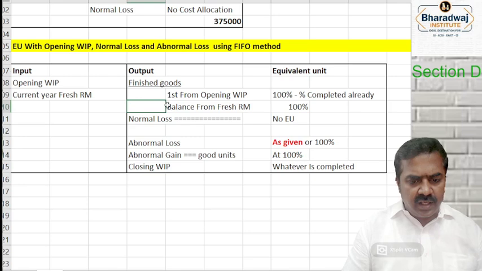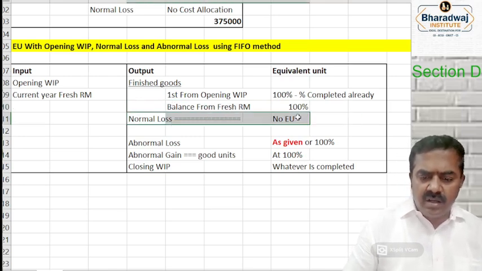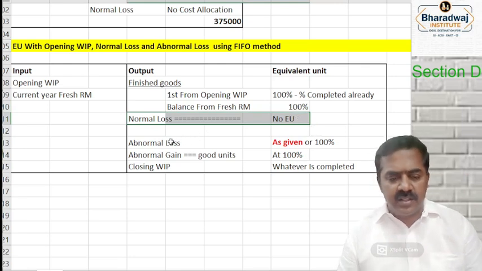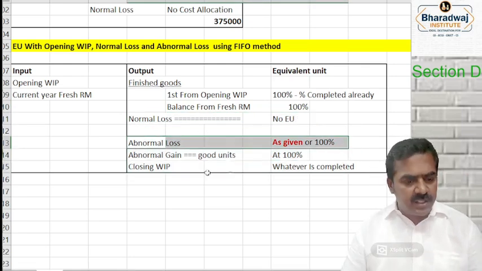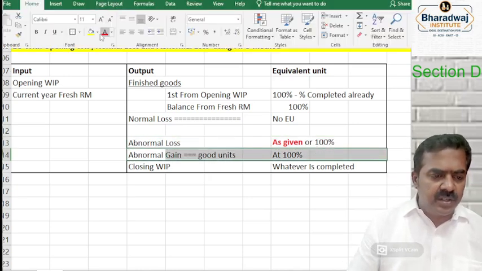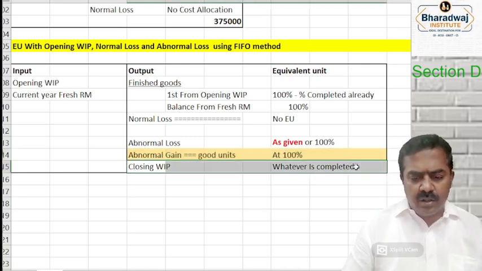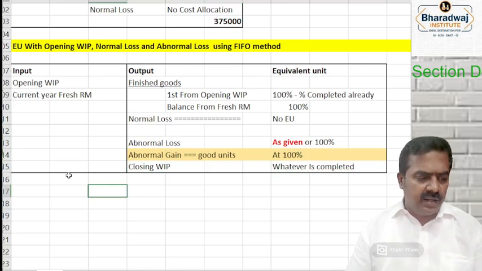Then fresh raw material, we do 100% of the work in the current year. Normal loss, no equivalent unit is assigned. Abnormal loss, they will specify, otherwise 100%. Abnormal gains are always what? Good units. What do you mean by abnormal gain? More than the expected production. If it is there, it is called abnormal gain, 100%. Closing WIP, whatever is completed, we will take it.